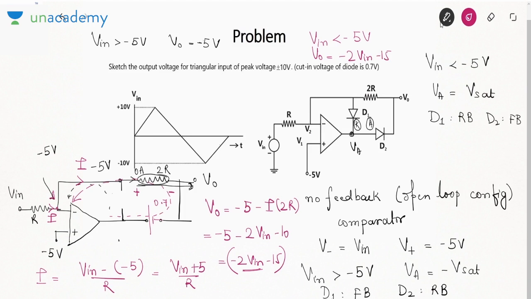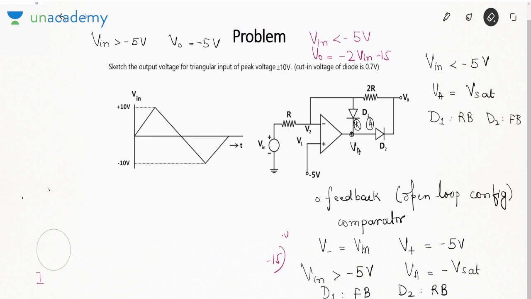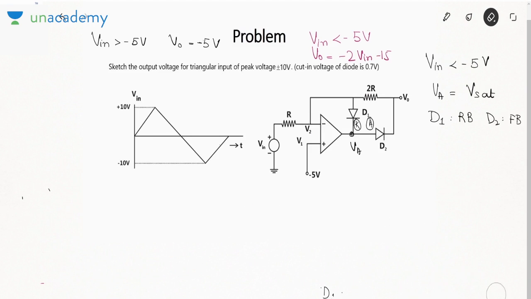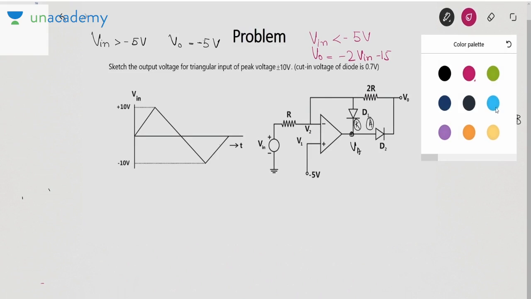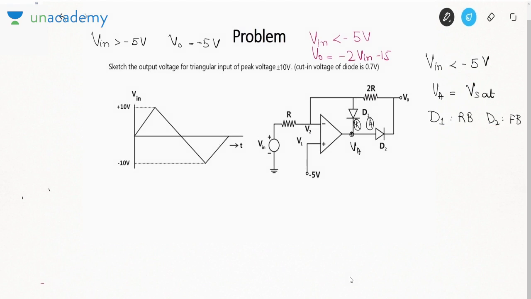So let us draw the output waveform. I will draw on the same curve on which I have given you Vin. I will draw a level at minus 5.